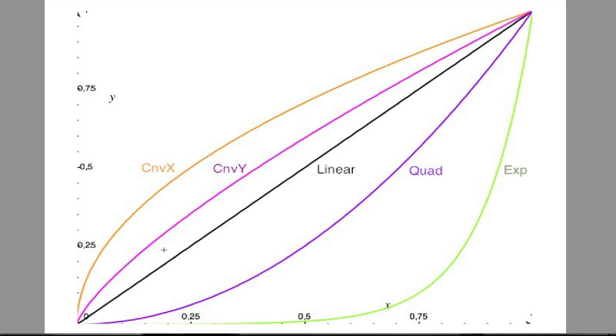And the CNVY, which is more towards the middle, but it still extends up to the Y side above linear. And then in the middle you have linear, which is a straight line from zero rising to the corner. And below linear we have quad, which is a larger curve, and EXP, which is an extremely large curve. And you can see the bend is almost a 90-degree angle, except for where the angle would actually meet, which is where the bend is.